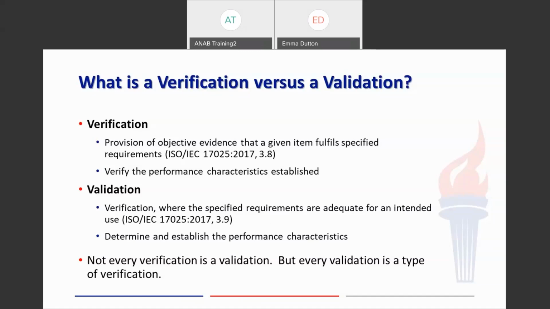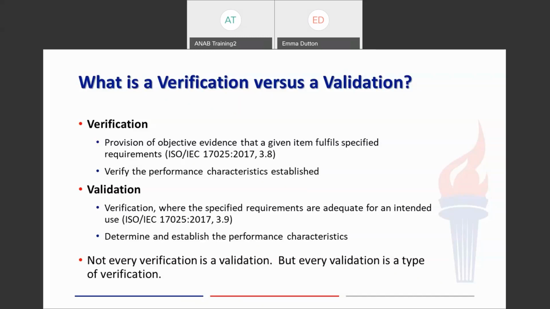Here, those specified requirements are the performance characteristics, and they've already been established. So what we do is we verify that those performance characteristics can be met within our laboratory under our laboratory conditions. A validation, on the other hand, is where the specified requirements are adequate for an intended use.